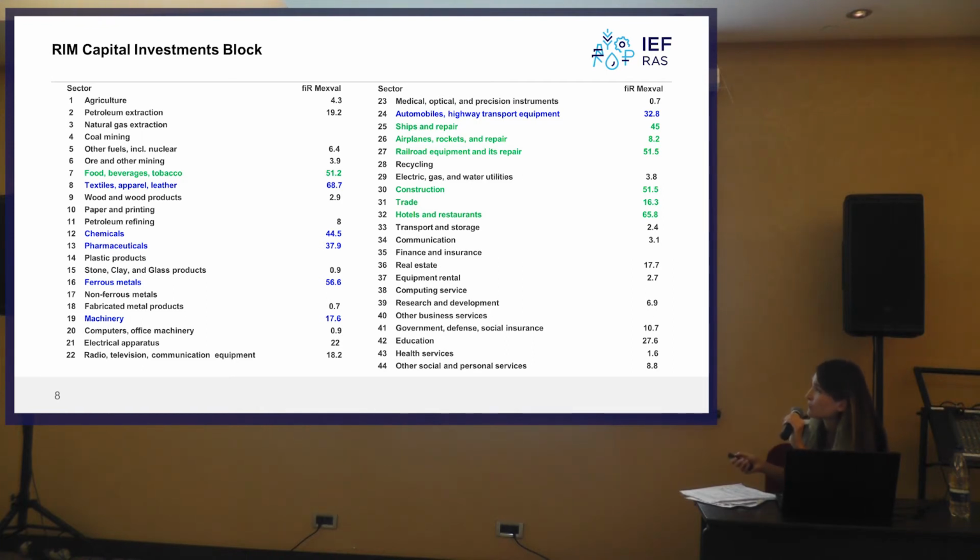It remains rather stable for food, ships, airplanes, railroad equipment and repair, construction, trade, hotels and restaurants. And for all the other sectors, it rapidly went down. And for 6 more sectors, the coefficient before long-term credits turned out to be negative, and so in these sectors this variable is not used.